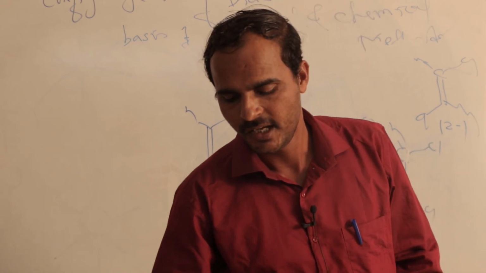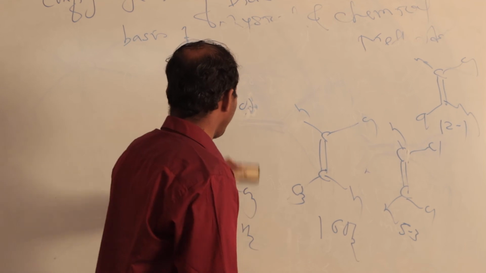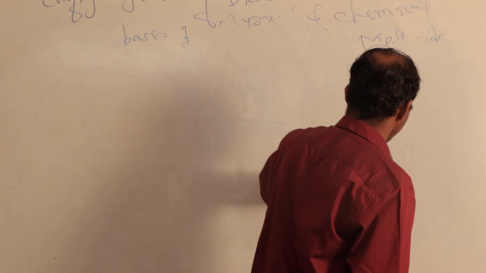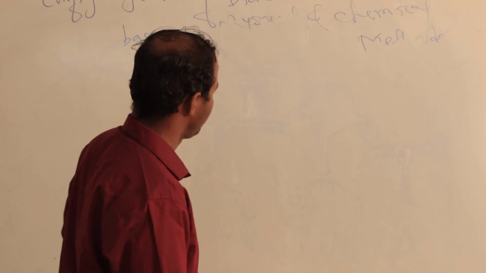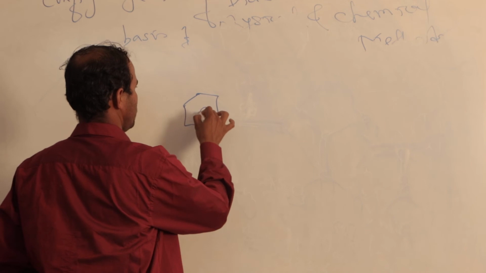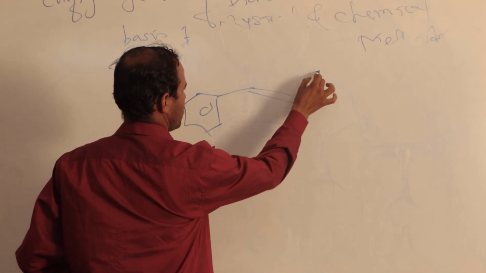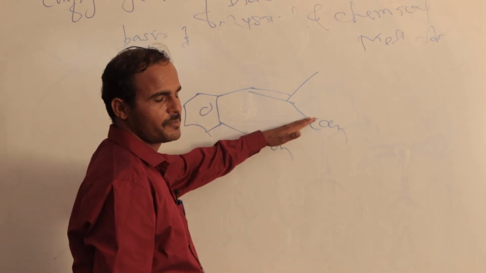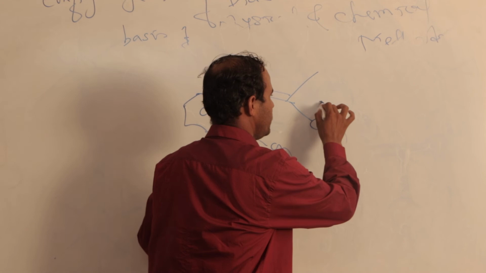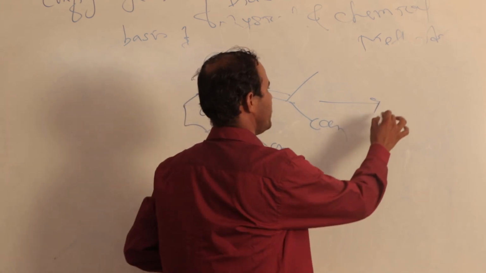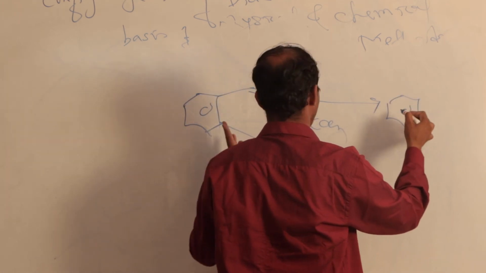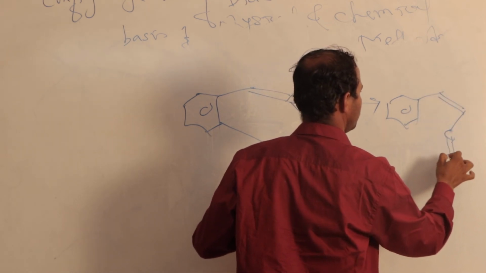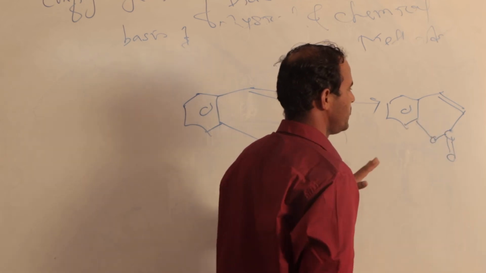If you consider the example of coumaric acid, which is converted into coumarin, in this case the two functional groups are present on the same side. These two OH groups are present on the same side, so a ring closing reaction takes place, and there is formation of coumarin from coumaric acid.